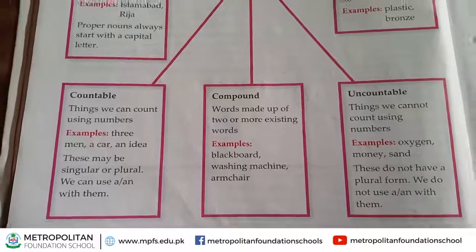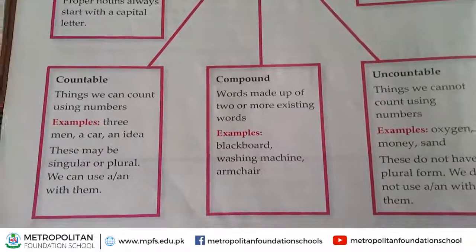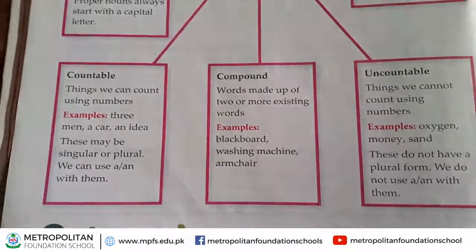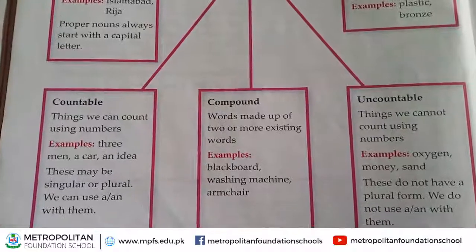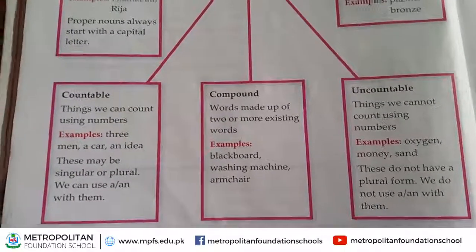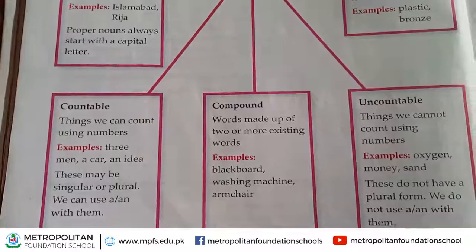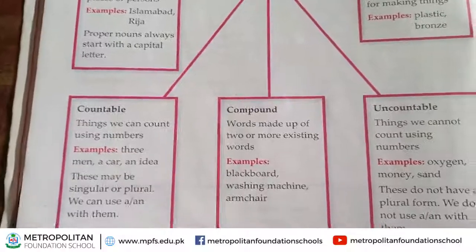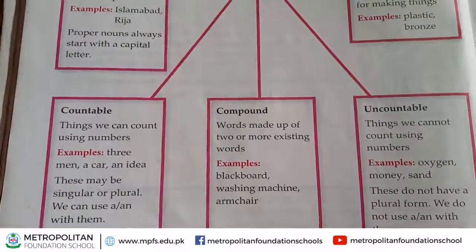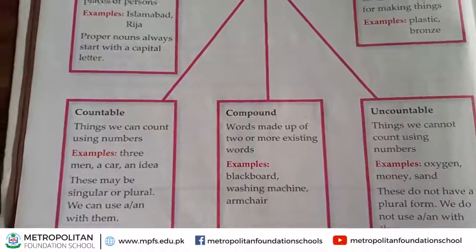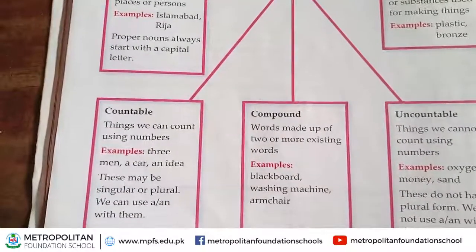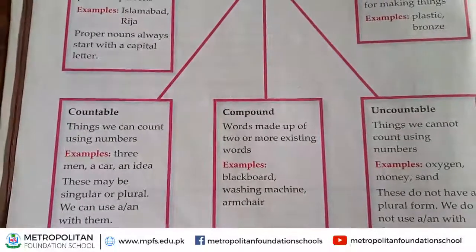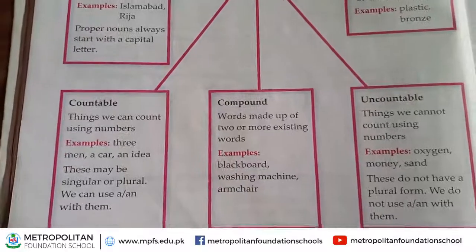So for other words that start with vowel letters, you will use an. And if some words start with a consonant, then you will use a. It is the short concept of articles a and an. Okay.